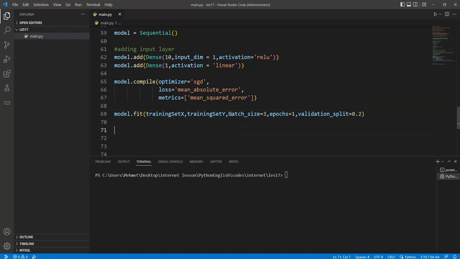This means that if you have many steps or data here, in this case 1000, then every 3 steps it finds the minimum value and updates the neural network coefficients, with a step size of 3. And epochs equal to 1 means that every data is processed once, through the 1000, and then the process is finished.